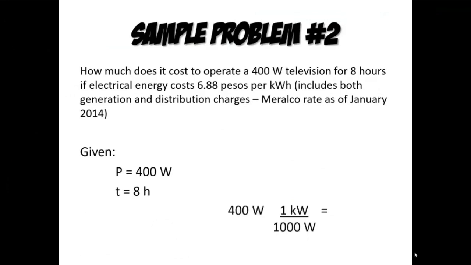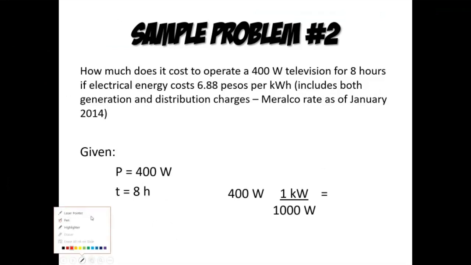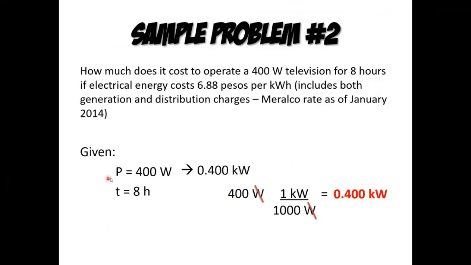What we are looking for is kilowatt hours, but the given is only in watts. So we change the units from watts to kilowatts, a conversion of units. We divide 400 watts by 1,000 watts, cancel out the same units, and the output is 0.400 kilowatts.